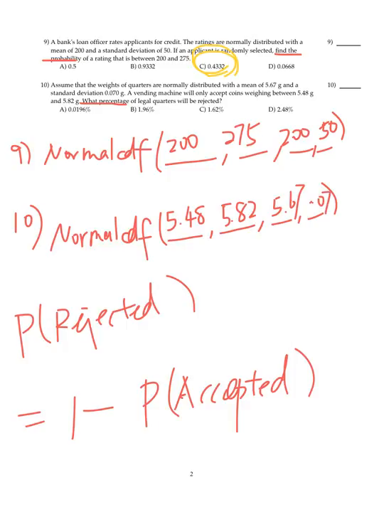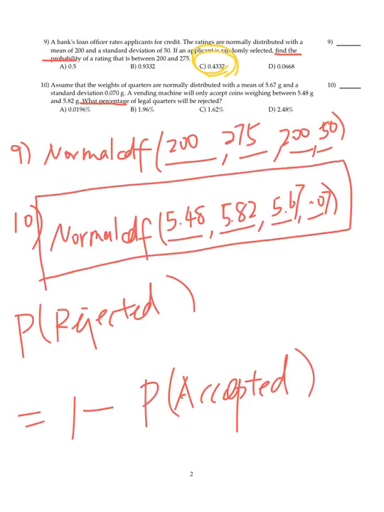If we input this into our calculator, it will give us the probability of accepted. Then we use 1 minus the result from this part, and we will get the probability of rejected. After calculation, the answer is B.